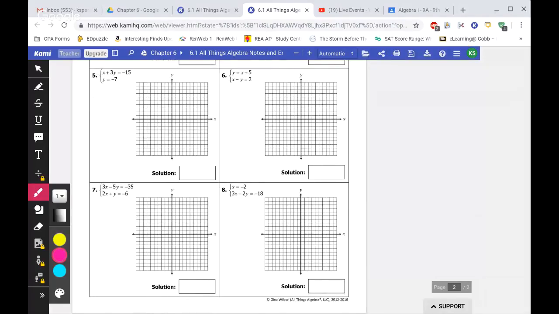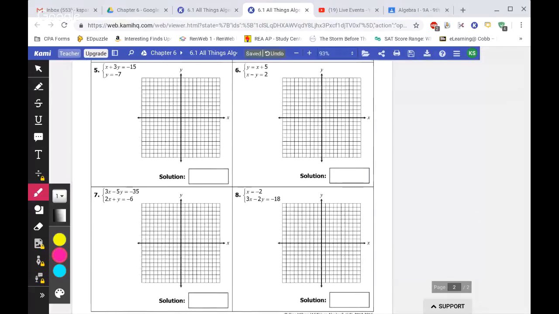All right. On number 6, the first thing you're going to do: the first equation is already in slope-intercept form, so you don't have to do anything with that. On the second equation, it's not in slope-intercept form, so you've got to get it in slope-intercept form first. So we'll subtract x from both sides.